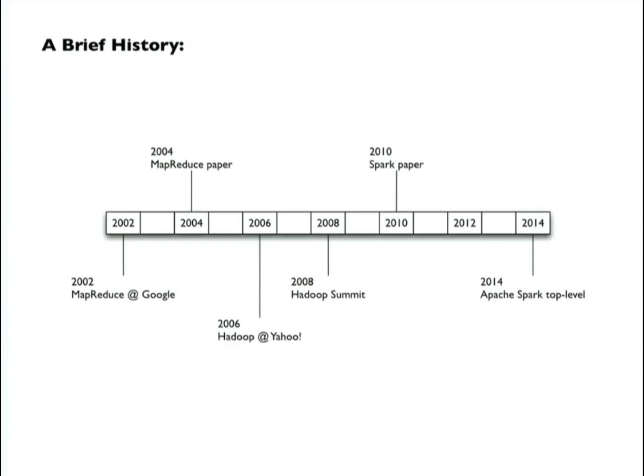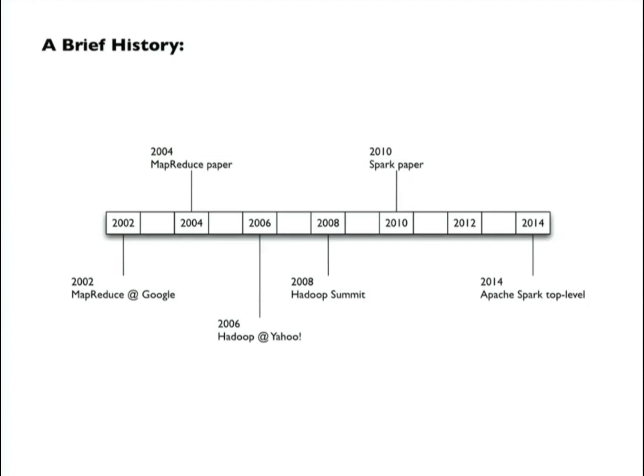What I want to illustrate here, though, is that MapReduce dates back more than a decade ago, to 2002. So our notions of Hadoop were really leveraging what kind of resources were available back then, taking advantage of clusters of commodity hardware to be able to do fault-tolerant batch jobs.